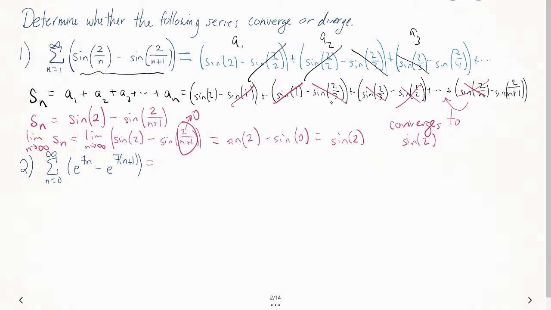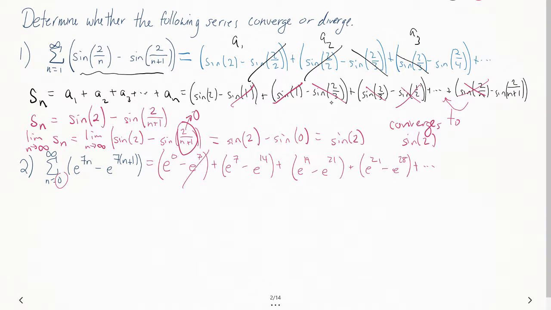So we start at n equals 0 though now. So when we plug in 0, we get e to the 0 minus e to the 7th, right, when we plug in 0 for that second term. And then we get plus e to the 7th minus e to the 14th, plus e to the 14th minus e to the 21st, plus e to the 21st, and I'll write down the next one just for kicks, e to the 28th, and then we continue that trend.